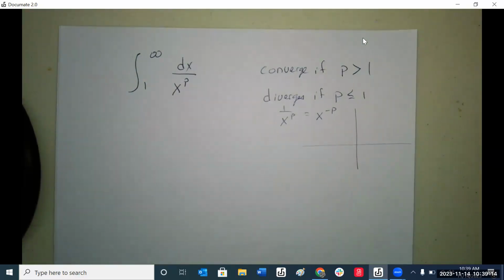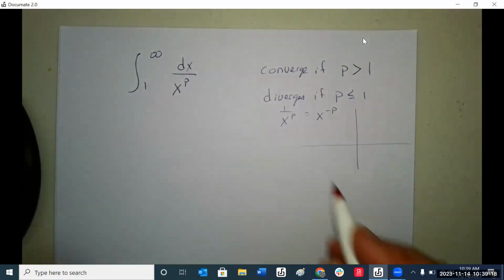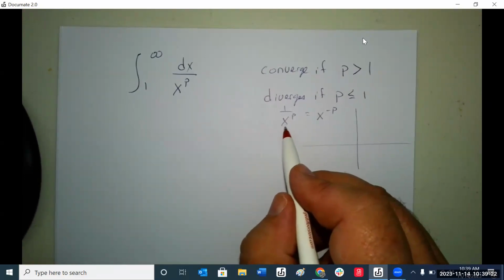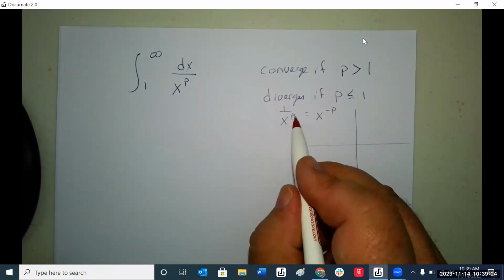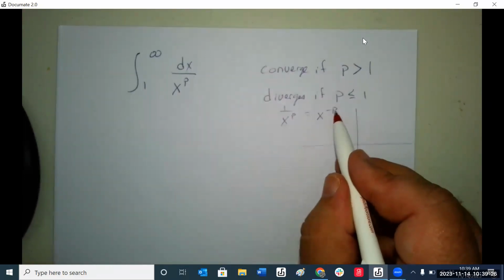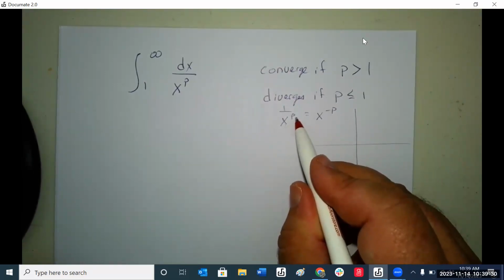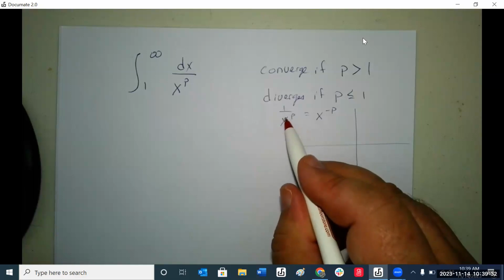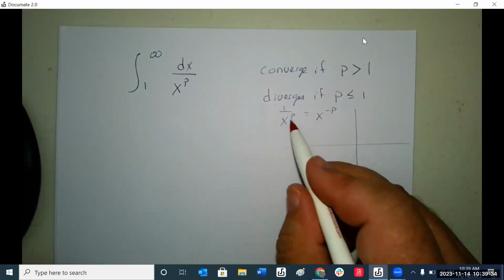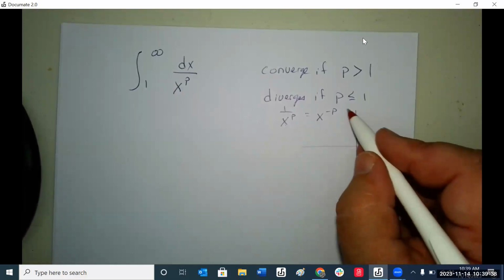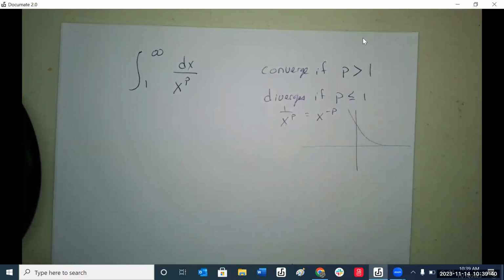All right, what this function is going to look like is, no matter what x we pick, let's say it's 2, so 1/2 to the power p. Now, as p gets larger and larger, this bottom number gets bigger and bigger, and then it eventually goes down to some value.